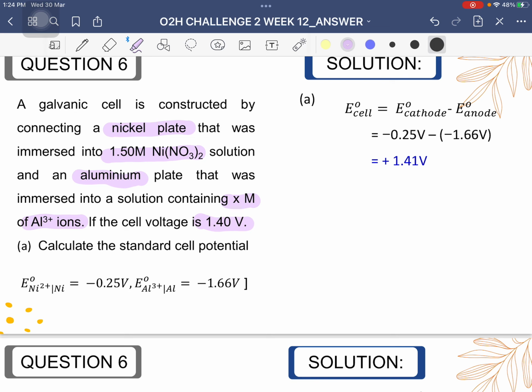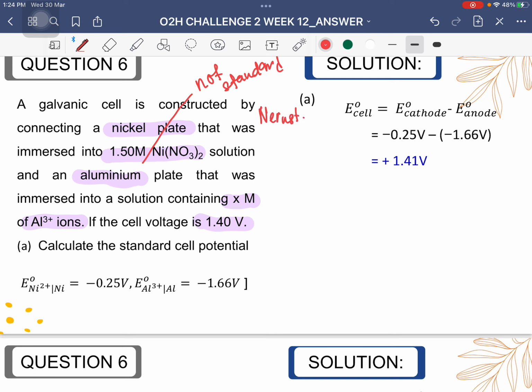Okay, so let's check whether this cell is conducted in standard condition or not. If we look at the concentration given, it is not at standard condition. So if not standard, you are going to use the Nernst equation.